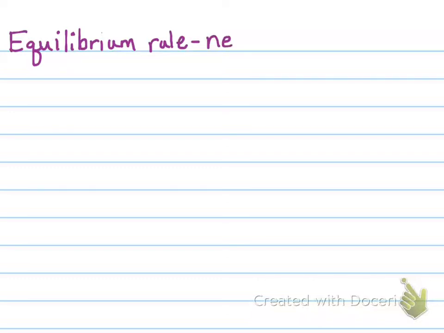There's something called an equilibrium rule, which says that the net force on an object is 0.